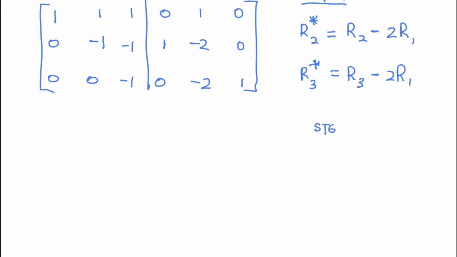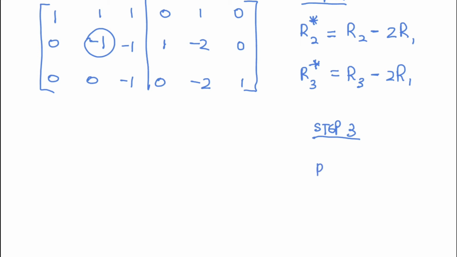For step 3, you want to change the leading diagonal at the second column into 1. As you can see here, the original element is negative 1. So from negative 1 to become 1 is just you multiply it with negative.